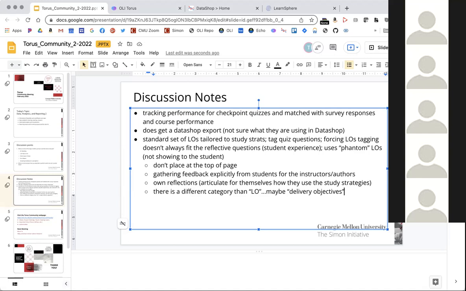I like this idea of delivery objectives, mainly because one of the things that I would like for both authors in the system and instructors to provide, or capture, is what assumptions they're making through their iterative improvement efforts or customizations.